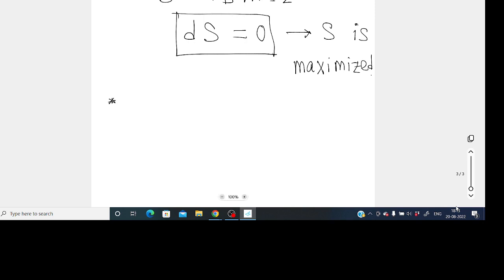So in equilibrium for an isolated system we have dS equal to 0, the change of entropy 0, or entropy is maximized. It means this omega is also maximized. So for an isolated system at equilibrium we have maximum values of this omega. This omega is the number of microstates.